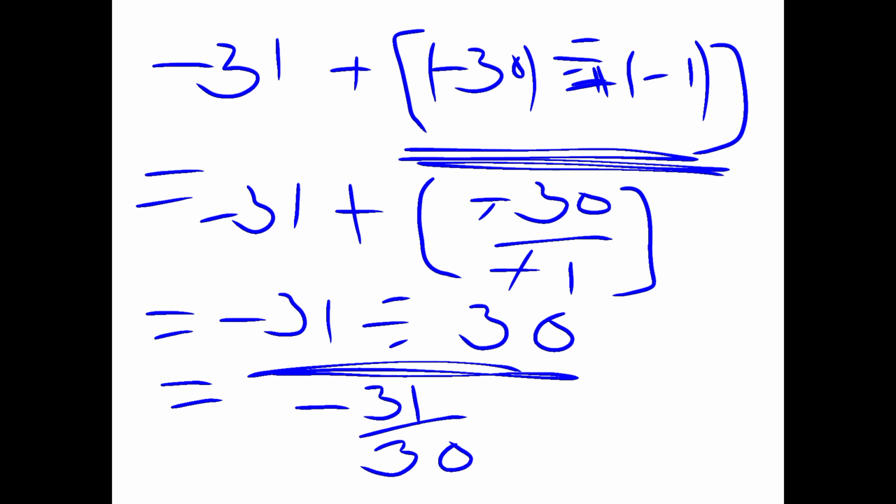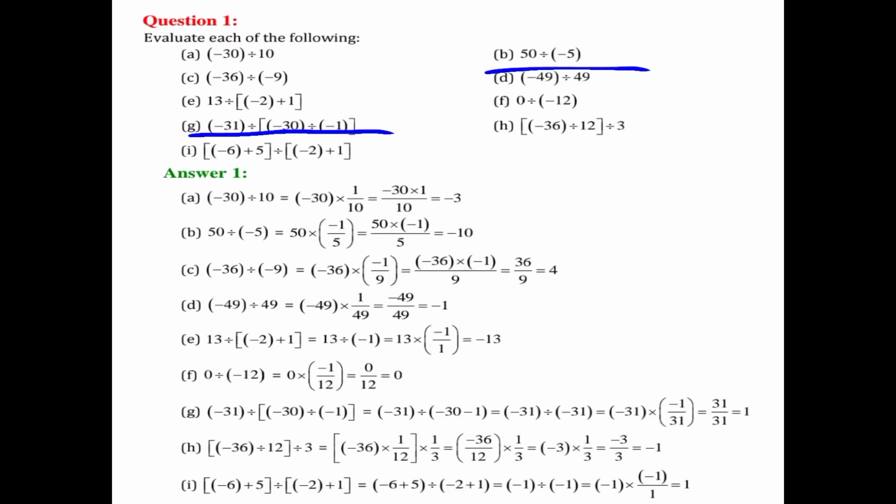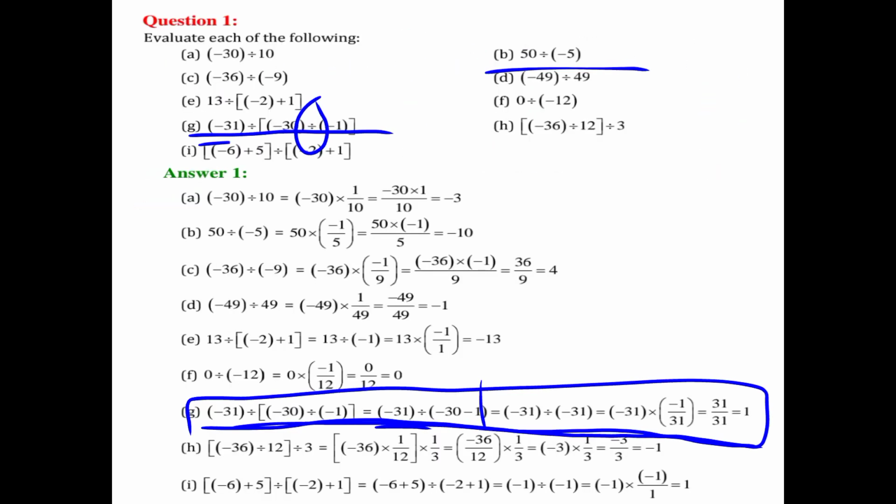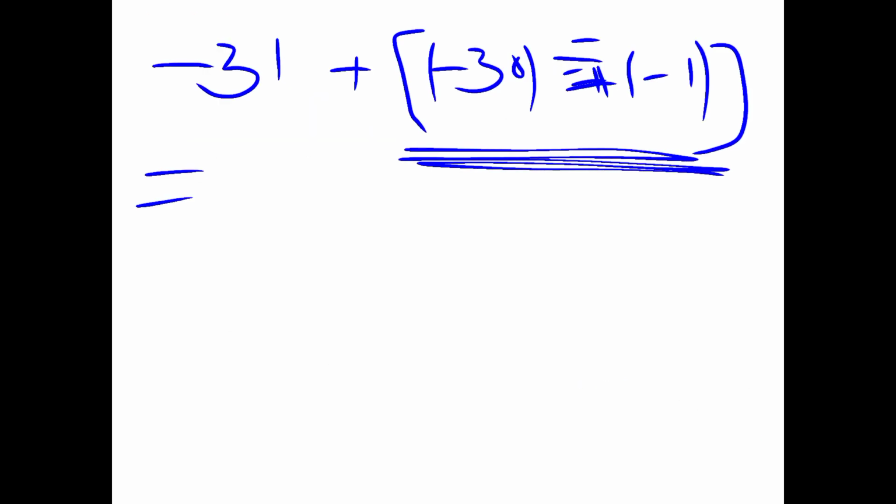So this is negative 31 divided by 30, G part. But in the question, it is actually plus here, so we can resolve this question. It is plus here, so we can resolve this plus, then the brackets.